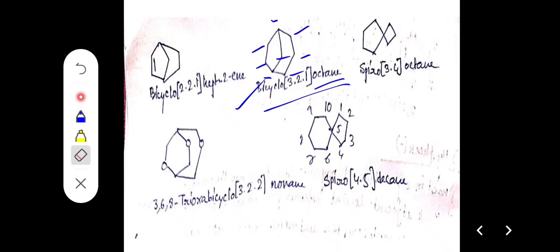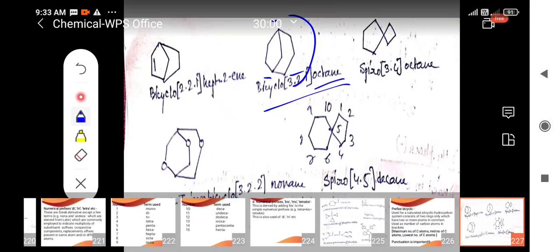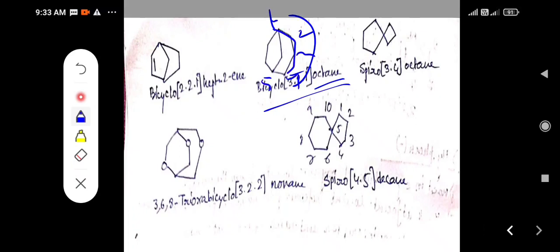Now consider 3,2,1. Why are these bracket numbers given? We have to consider the side with the highest number of carbon atoms. Counting 1, 2, 3, 4 and 1, 2, 3.